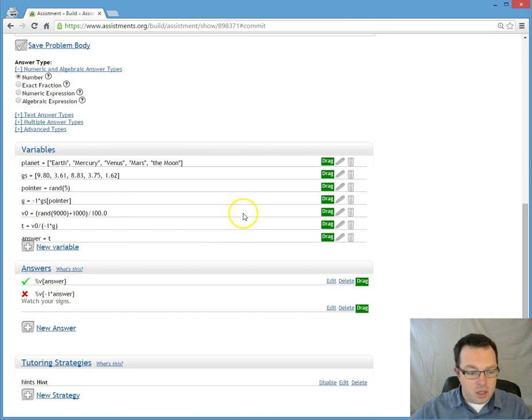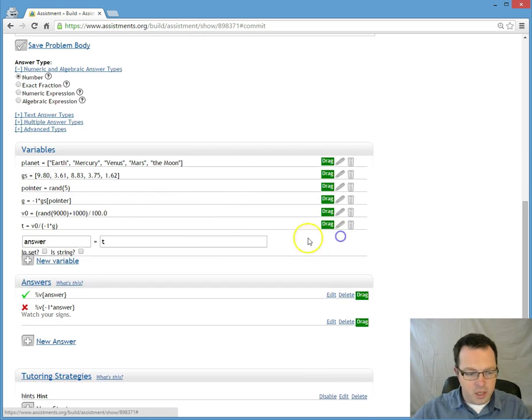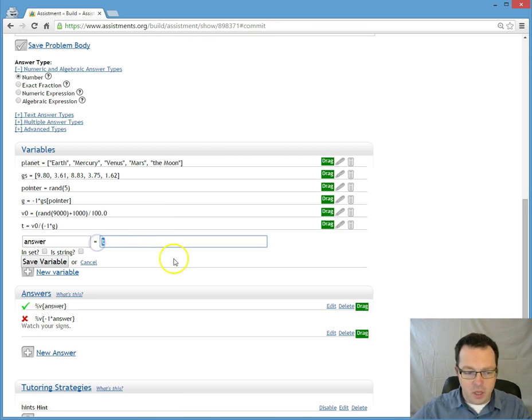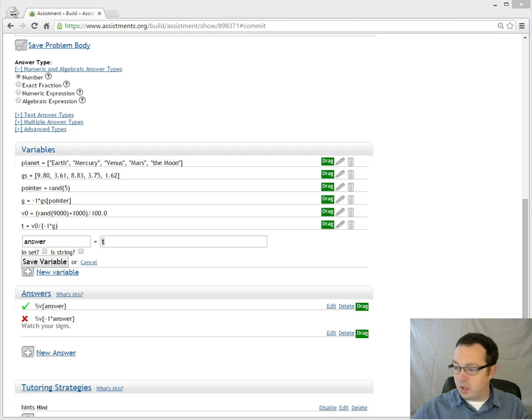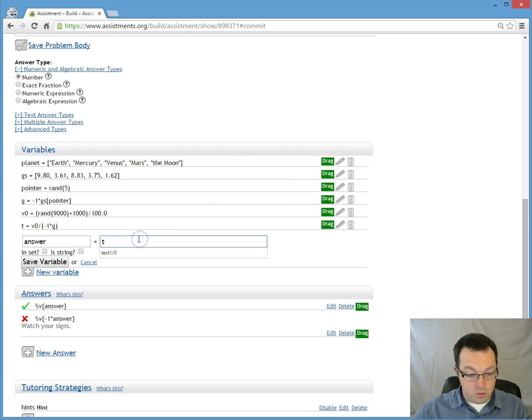So down here, I have answer equals. This is where we're going to go ahead and take care of the rounding. The way that we do rounding, and once again, I have done it already, is we have some built-in code, dot round. However, dot round doesn't let you pick the decimal places.